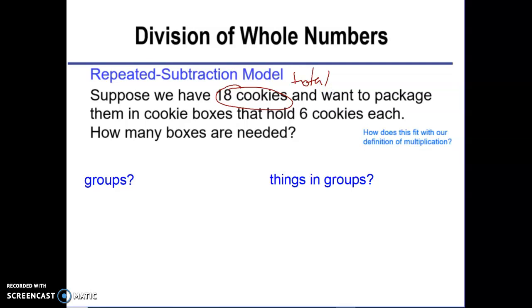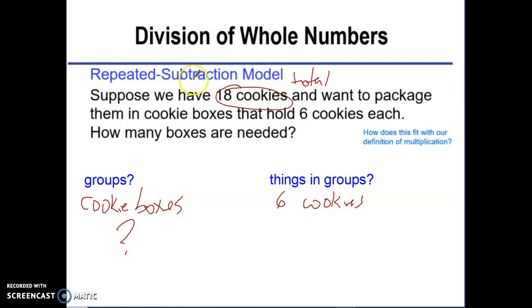Okay, so how does this one fit with our definition of multiplication? What are the groups? Well, the groups are the cookie boxes, and that's what I don't know. The things in the groups, I have 6 cookies in each group. That's what I know.